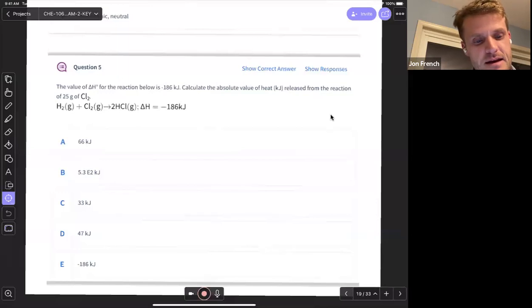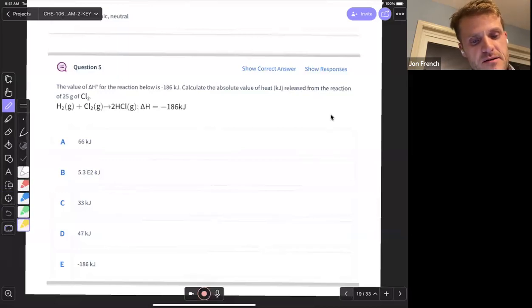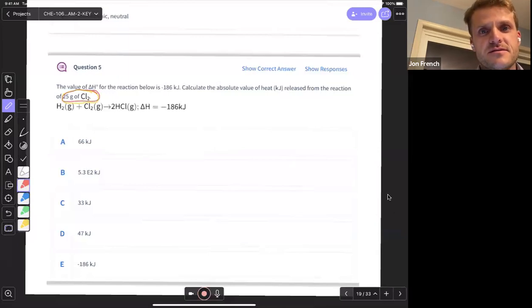All right. If I've got 25 grams, can someone just check this real quick? Do you have 25 grams, or is the mass different? Yeah, it's 25 grams. All right. I'm sorry, Jack.